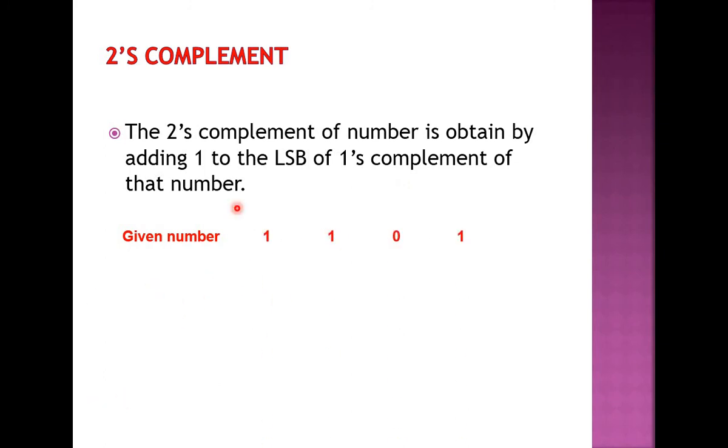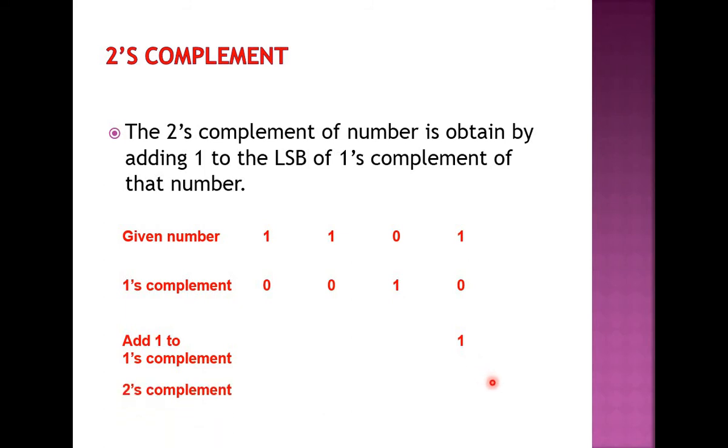First we find the 1's complement. The 1's complement of 1 is 0, for the next 1 it is 0, for 0 it is 1, and for 1 it is 0. Now we have to add 1 to the 1's complement, and where do we add it? In the LSB. So here we write 1 at the LSB.